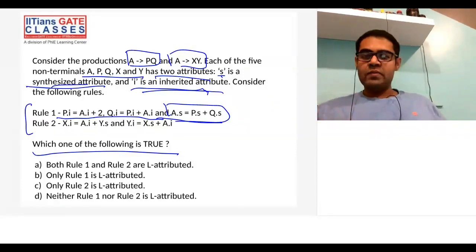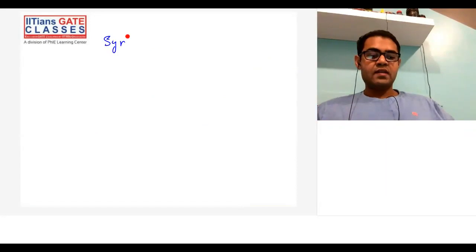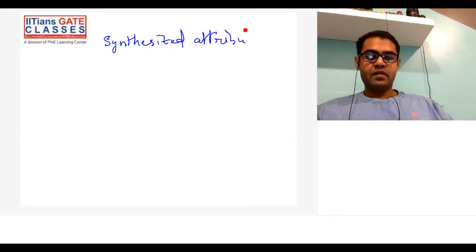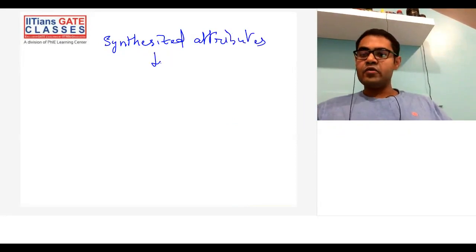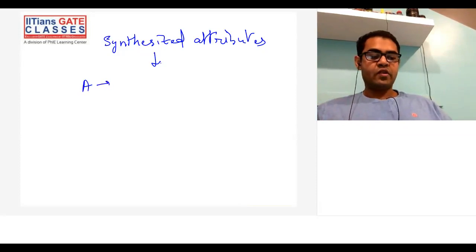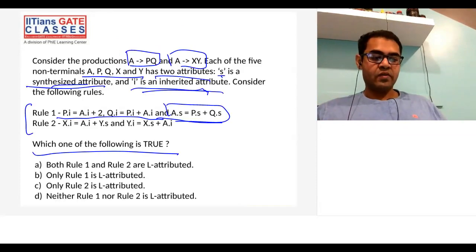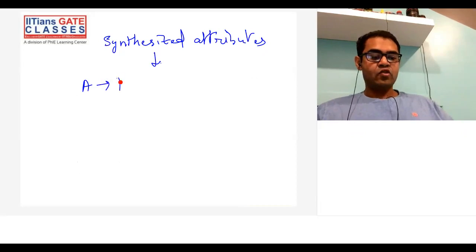Now, I'll tell you one important property about synthesized and inherited attributes. Okay, synthesized attributes take value only from their children. So if I have some production, let's say I'll take the production in the question only. A derives PQ.